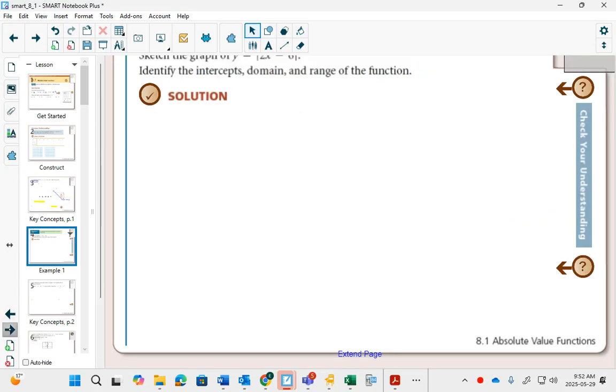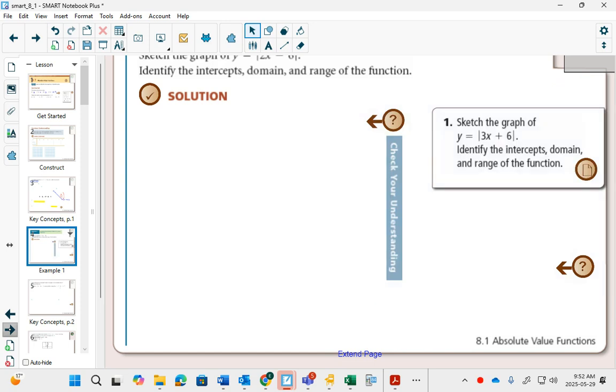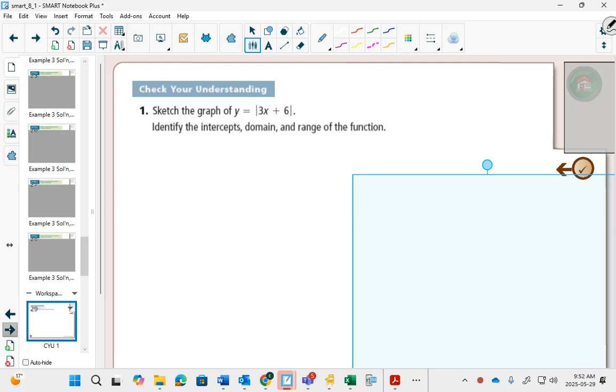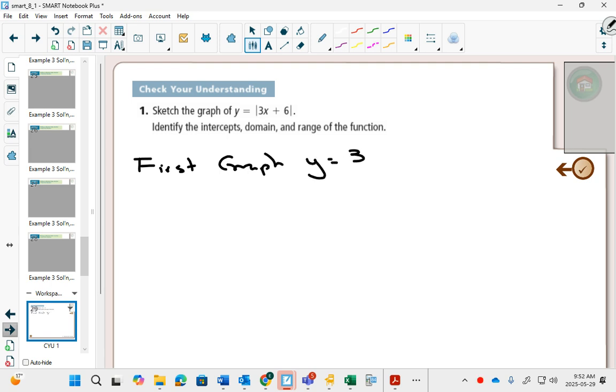So we go to example 1 here. We want to sketch the graph of y equals the absolute value of 3x plus 6. Identify the intercepts, domain, and range. So we're first going to just graph the inside. And that's a graph we know how to do.